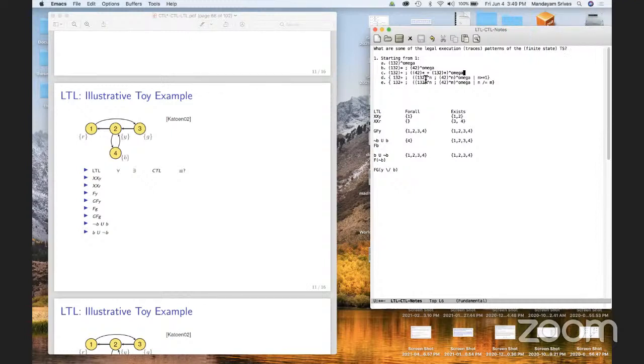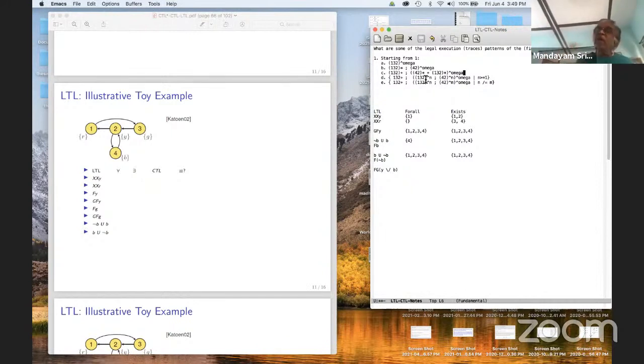When we see automata, the acceptance notion of what it means to accept such infinite paths will be discussed. But for now, we are already saying what the infinite paths are that are satisfied by these formulas.